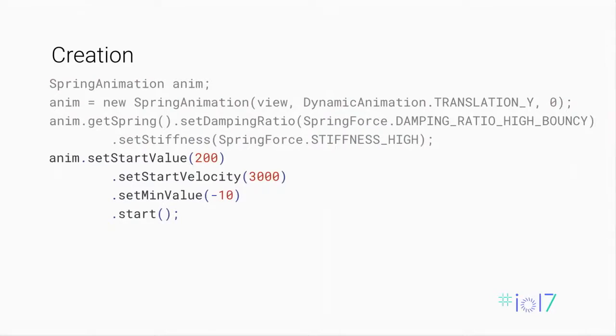For example, if we set the start value to 200, this animation will go from a translation y of 200 back to 0. And also, we can set the start velocity to match the existing movement of the object, creating a continuous motion. We can also set the min value and max value, like we did for fling animation, and define the range for the animation.